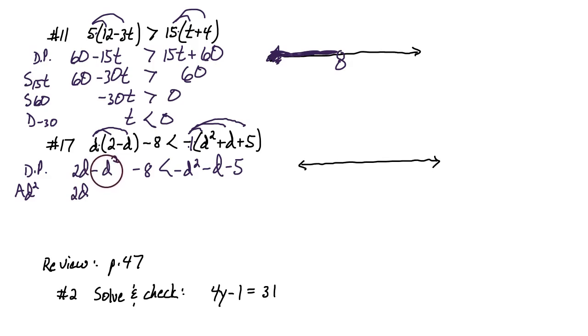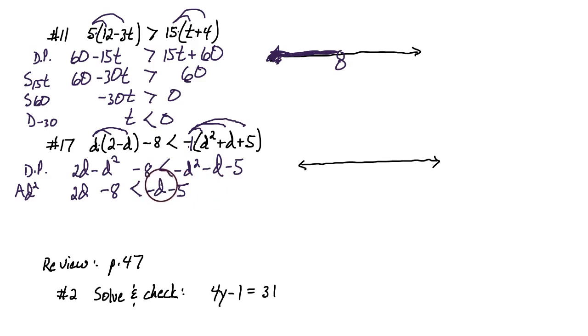However, look what happens to the d to the second power term. Negative d to the second, add a d to the second, cancels away. Here's the negative 8. On the right side, negative d to the second, add d to the second, cancels away. So we still have the negative d and the negative 5.